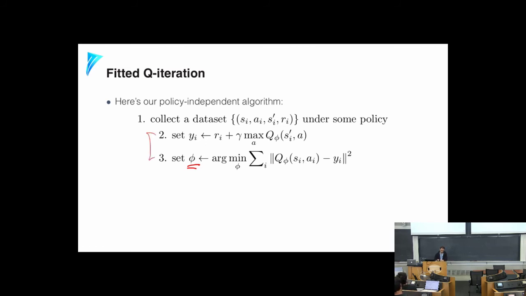The data set would look like this: s, a, s prime, r, and then some values here. After we collect the data set, we can execute these steps multiple times, let's say k times, and for this specific data set we'll get a new Q function. Then we can go and recollect a new data set, and keep optimizing.